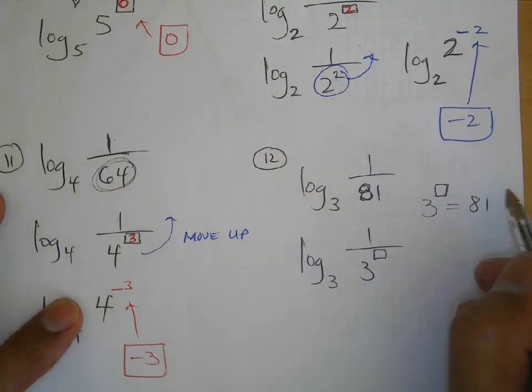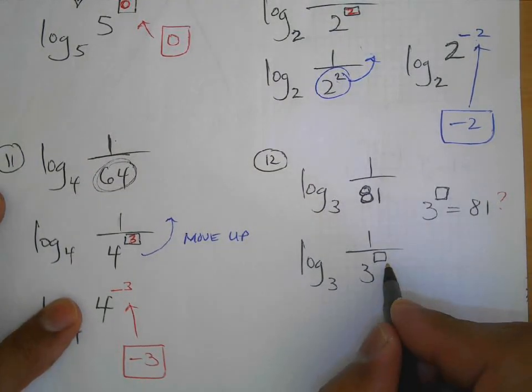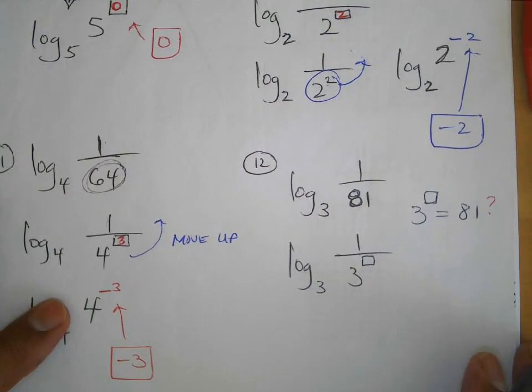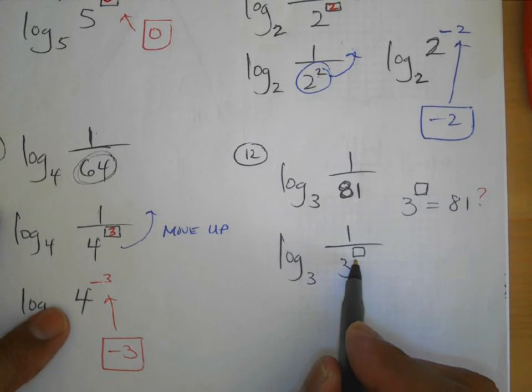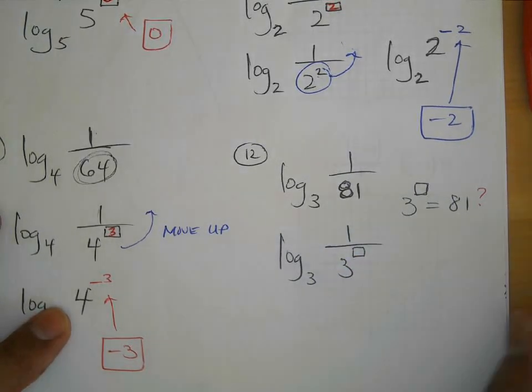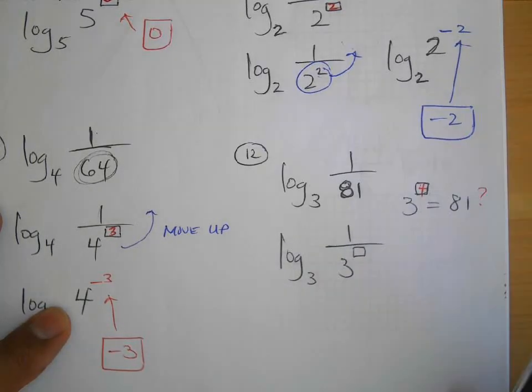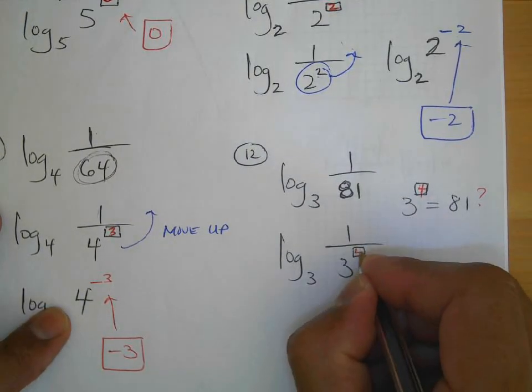See, that's the question you're asking yourself. And then when you figure it out, it's 3 to the power of 1, no. 3 to the power of 2, 9, no. And then anyways, you'll figure it out. The answer is 4. So that means the 4 goes here.